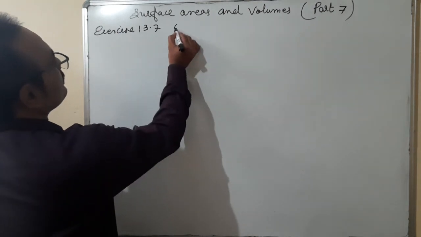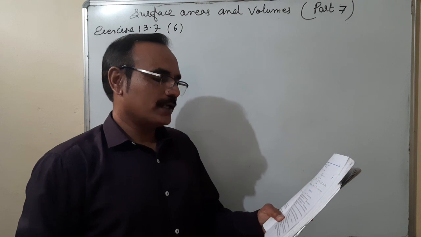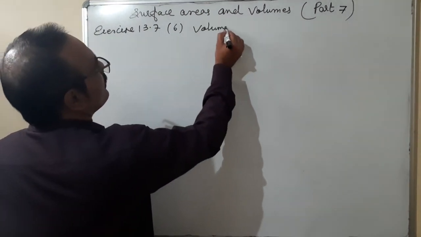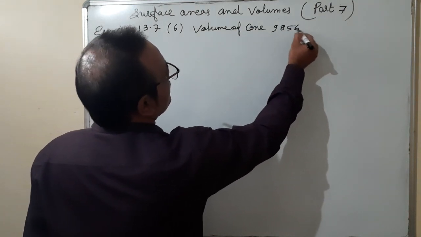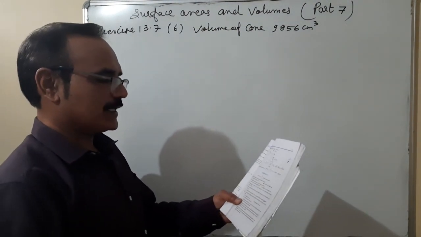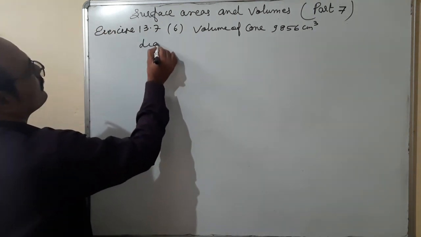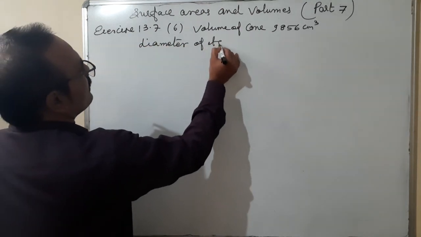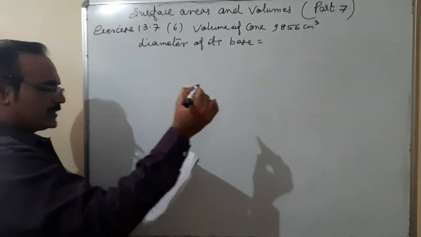Question number 6. I am making a list of the things which are given. The volume of right circular cone is 9856 centimeter cube. Diameter of its base is equal to 28 centimeter.